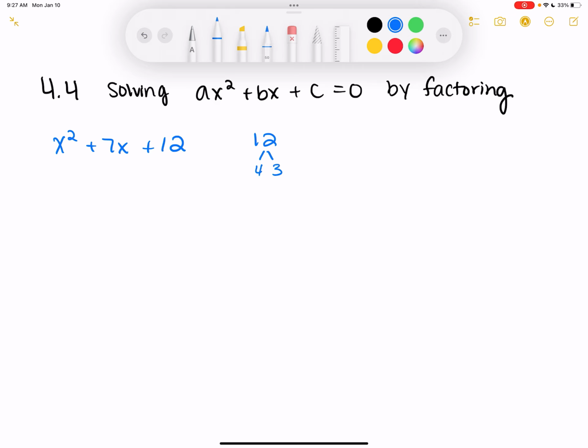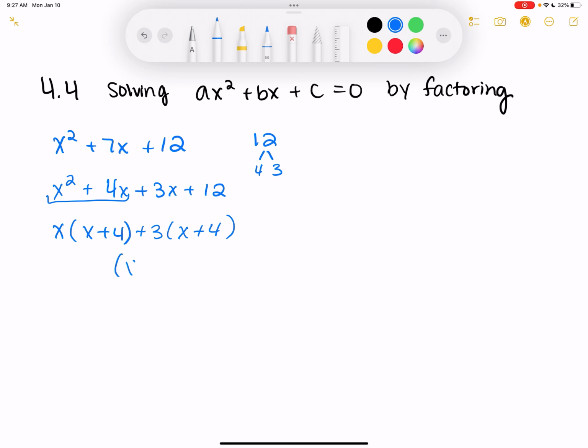So then x squared plus 4x plus 3x plus 12. It doesn't matter which one you put where. We're going to pull something out of this, so what can we take out of these? x. So x times x plus 4. And then what do we need to take out of this? 3. 3 times x plus 4. Since both of these match, we're good. So then our factors are x plus 3 and x plus 4.